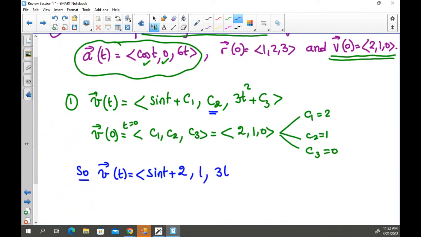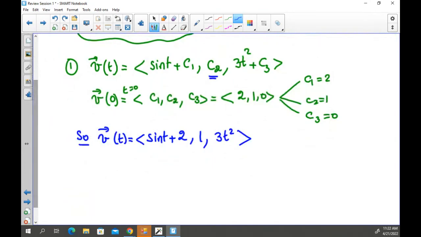And then 3t squared plus c3, which is nothing, so I will not put anything. Right. So that's the first step. We found the velocity. Now, what is the second step?